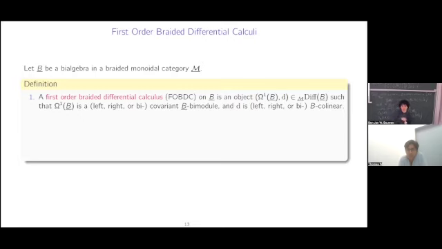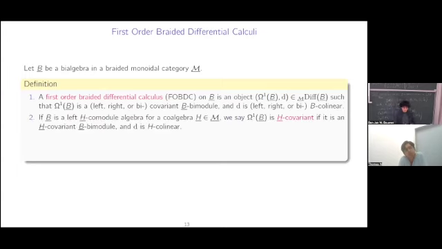Basically we are asking for the usual notion of covariance of a differential calculus, with the additional requirement of satisfying the properties that we have inside the category. We can actually even talk about the notion of H covariance in the same setting. So if we start with a left H comodule algebra B for a coalgebra H living inside the same category M, then we say that omega 1 B is H covariant if it is an H covariant B bimodule and d is H collinear.